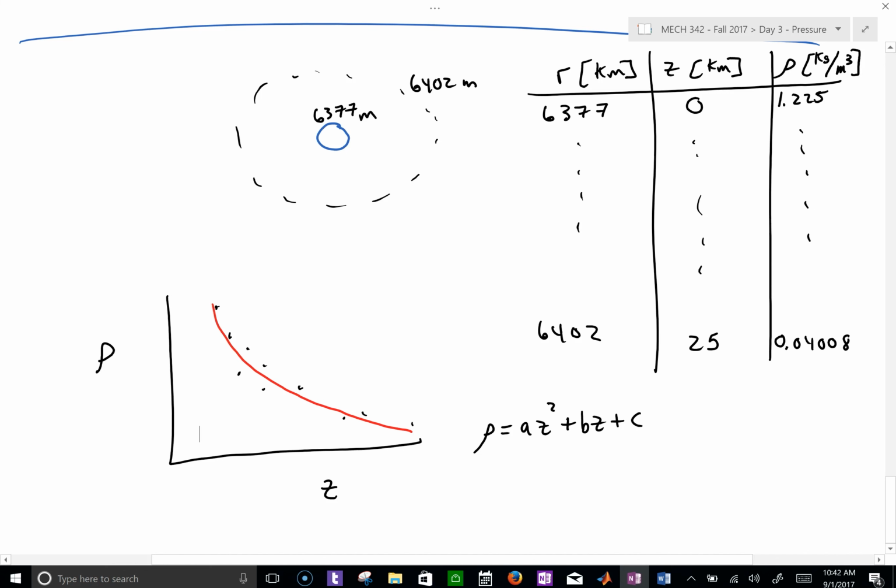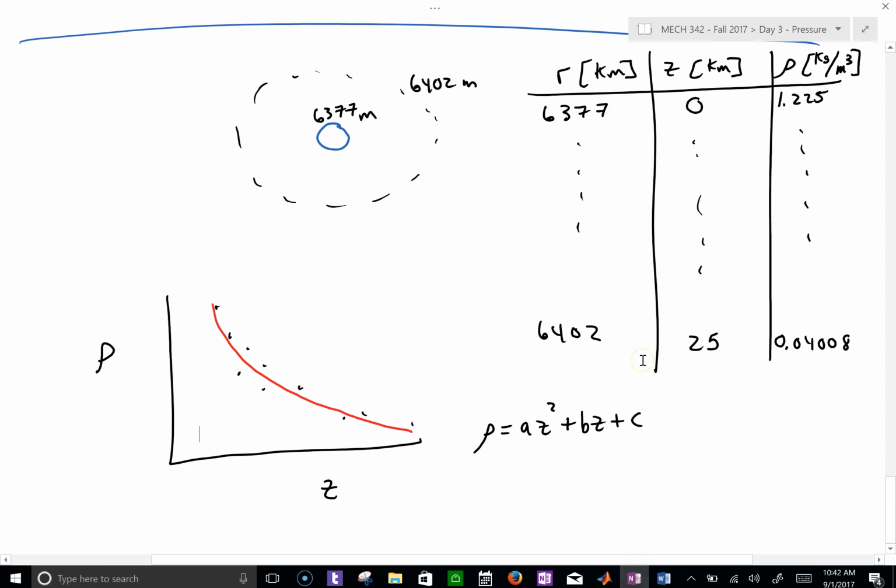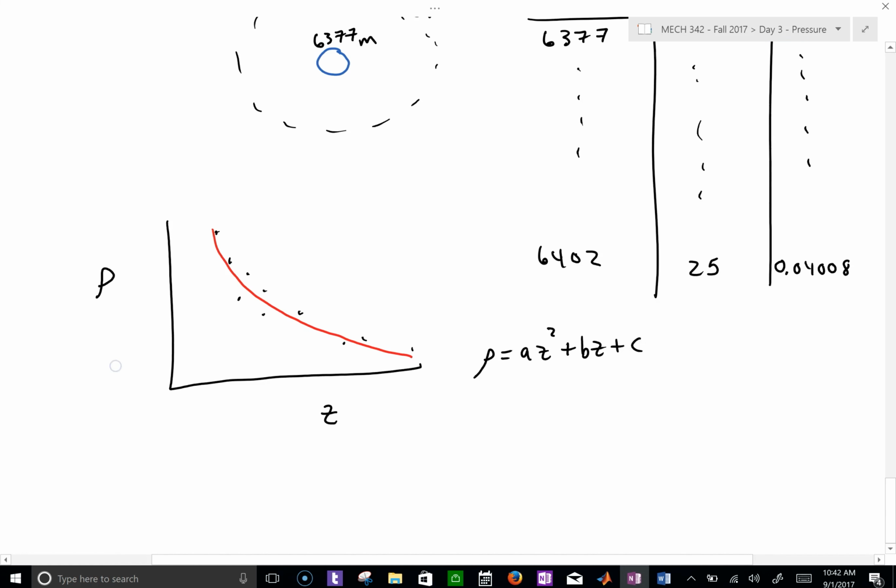And then the other question said find the density at 7,000 meters, right? Or is it 7 kilometers? Yeah, 7,000 meters. So how would you do that? Yeah, just plug in 7 kilometers here and here.